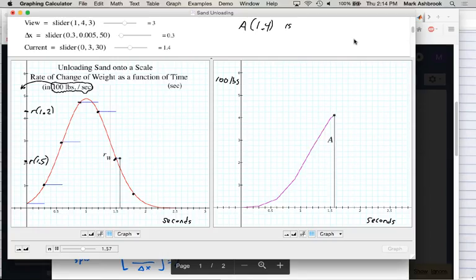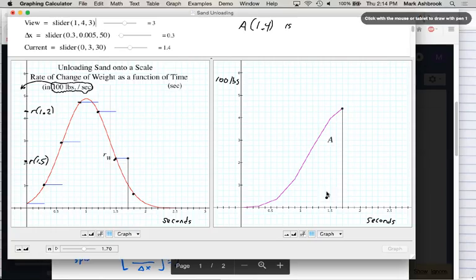So let's estimate that value. Stop this here, and then we're going to see how the A function computes it. So 1.4 is right here. Let's eyeball it from the graph first. About how many pounds of sand at 1.4 seconds?